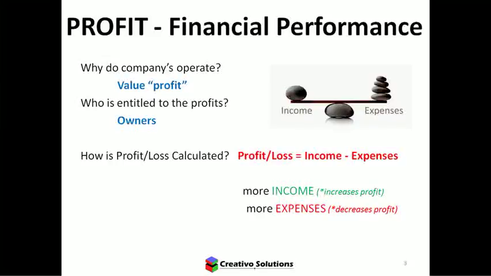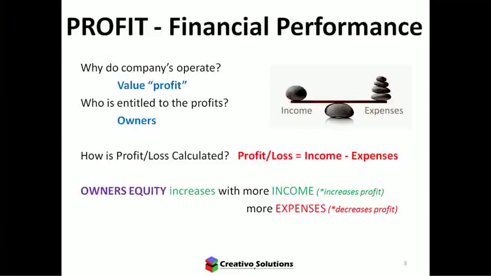So when looking at the relationship between income and owner's equity, if I have more income, the profit will increase. And if the profit increases, the owners will be entitled to more. And if they're entitled to more, their owner's equity will increase. Now we need to consider the expenses. If expenses are going to increase, expenses are going to cause a smaller profit.